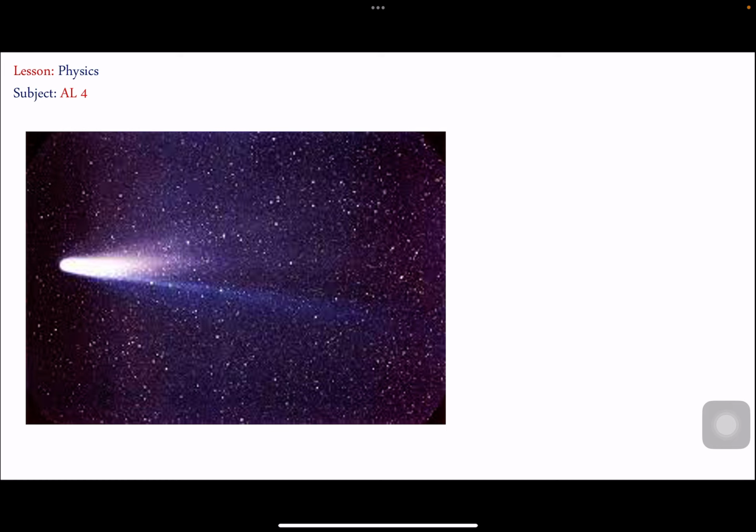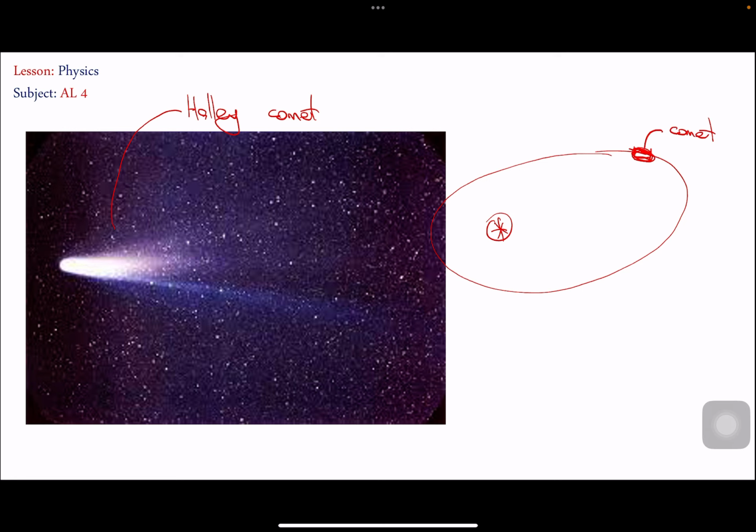And the last thing, Kepler's laws are not valid only for planets. They can also be valid for any celestial bodies that are moving around the sun. The picture that you see here is called Halley Comet. It rotates around the sun. At one of the foci we have the sun, and this comet, Halley Comet, is revolving around the sun.